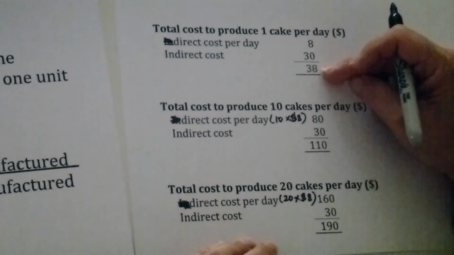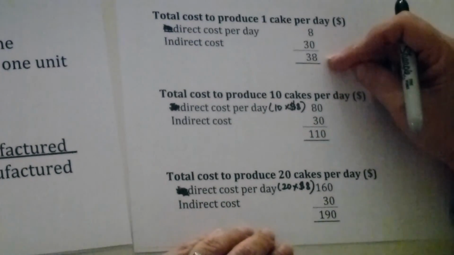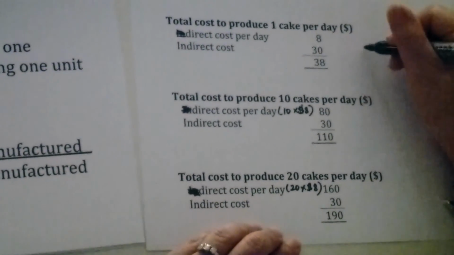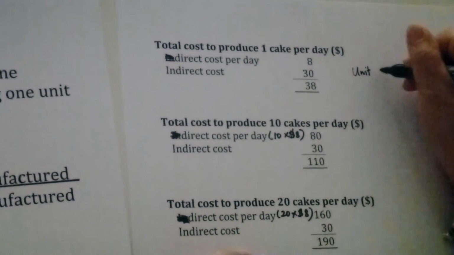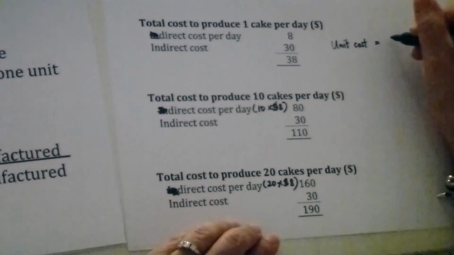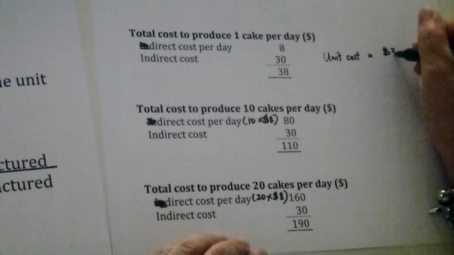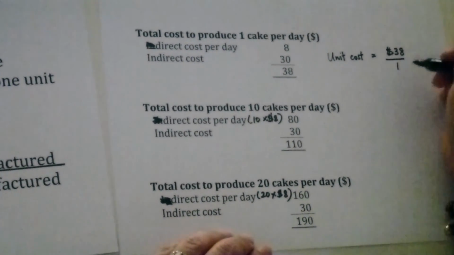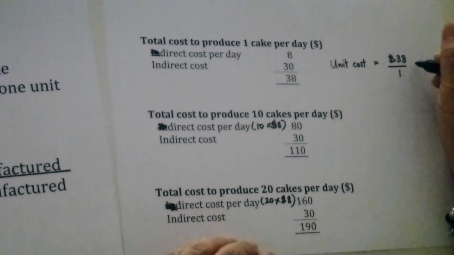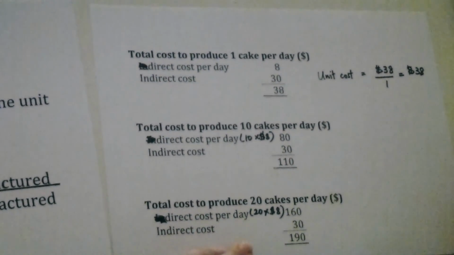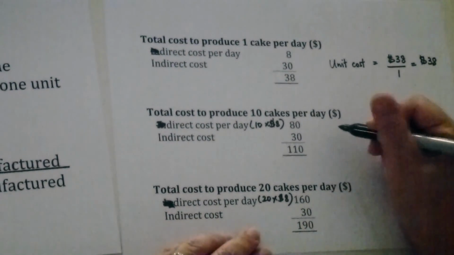This is my cost of goods manufactured, the cost of my cakes manufactured. So therefore, what is my unit cost? If I have to write it, then it would be unit cost equals 38. How many cakes did I produce? I only produced one cake. So my unit cost here is $38.